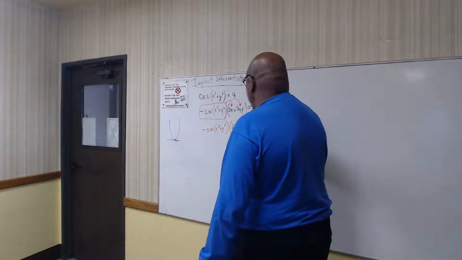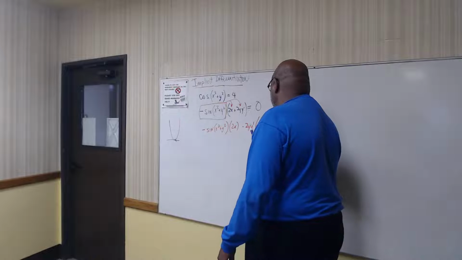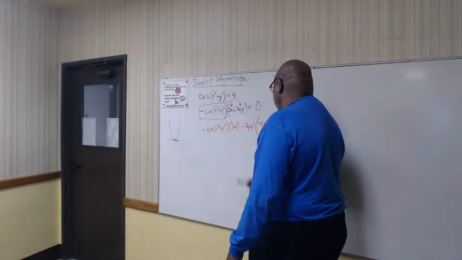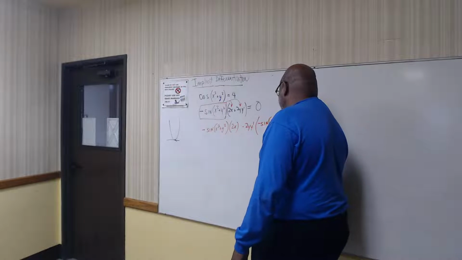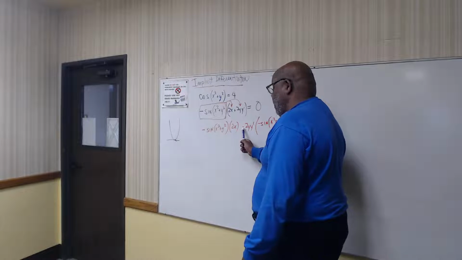Does everybody understand this step? I distributed this big expression to each term. Should I put it in front, but that's okay. In fact, that's what I'm going to do. I'm going to make this plus here. See the minus and the minus, you guys?